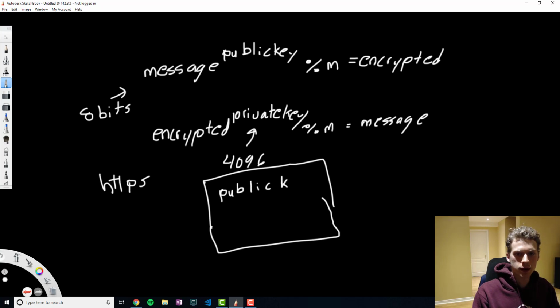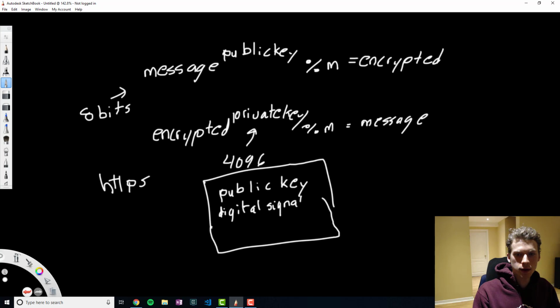Okay, so if I visit my bank, they'll provide me the public key in order to encrypt the traffic that I send to them. They're also going to send a digital signature.